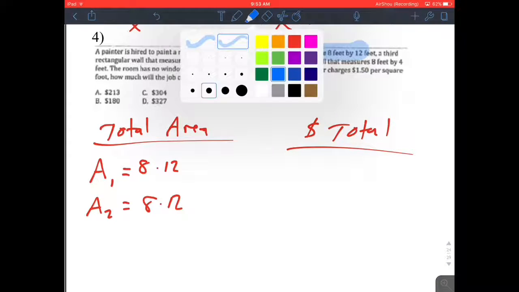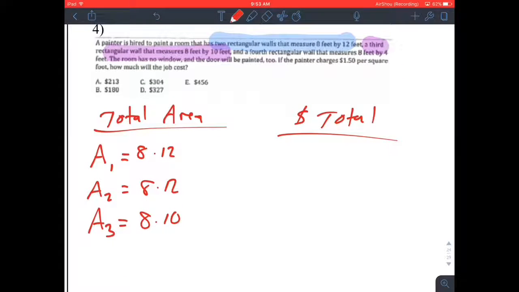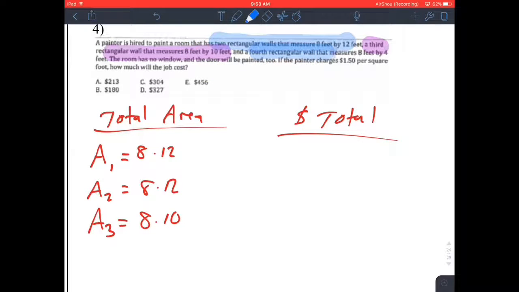Then it says the third wall is 8 by 10. So the area of wall 3 is 8 by 10. The final wall is 8 by 4. It's a weird room.